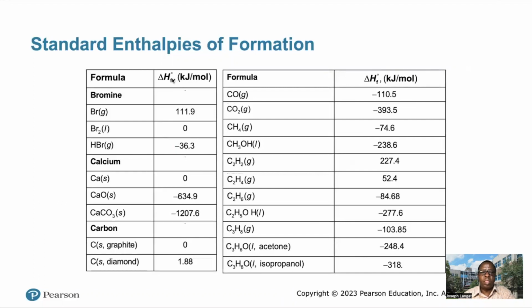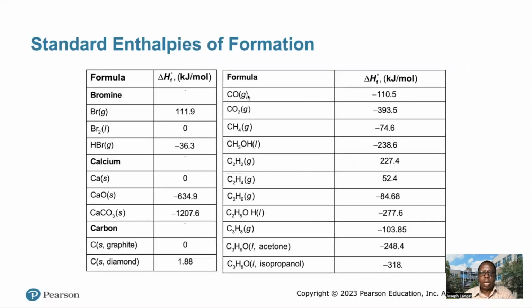When you look at the standard enthalpy of formation of bromine, please pay attention to the physical state, because we can have gas, liquid, and also graphite. Even though carbon is a solid, is it graphite or diamond?